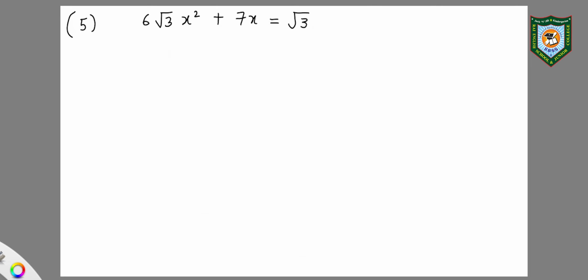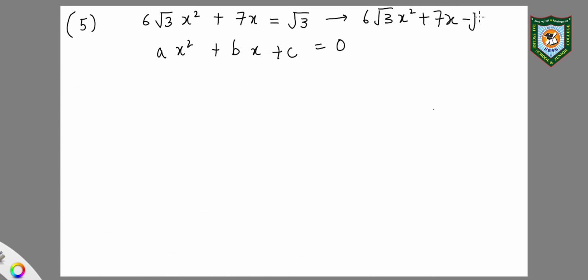So we'll start off this question. Here I have, again, I'll compare this to my standard equation, ax square plus bx plus c is equal to 0. So I need to bring this equation to my standard form, which is 6 root 3 x square plus 7x minus root 3 is equal to 0.